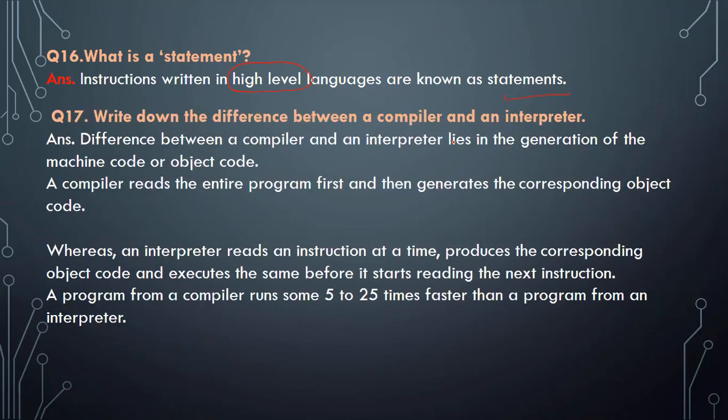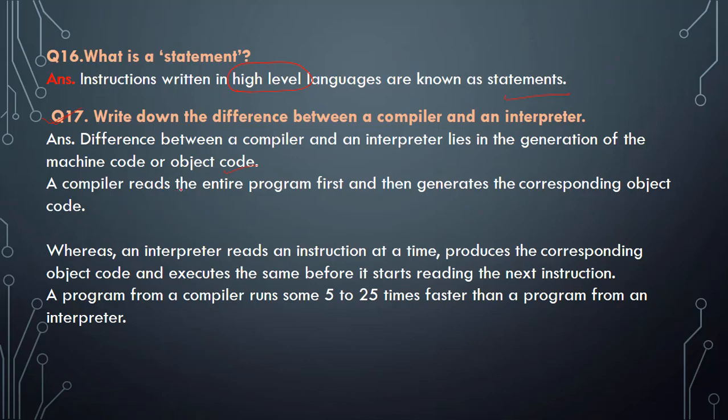The next question is: write down the differences between the compiler and interpreter. This is the most important question. The difference between compiler and interpreter lies in the generation of the machine code or object code.